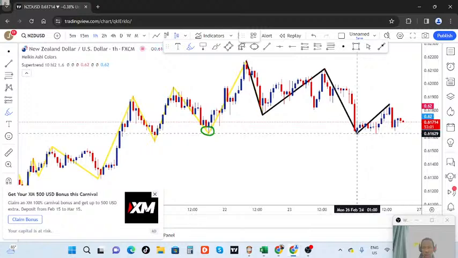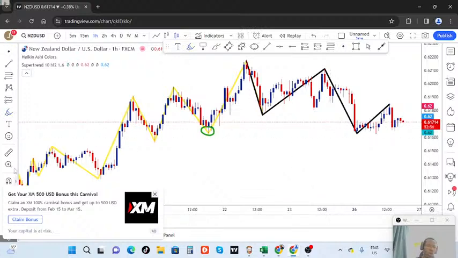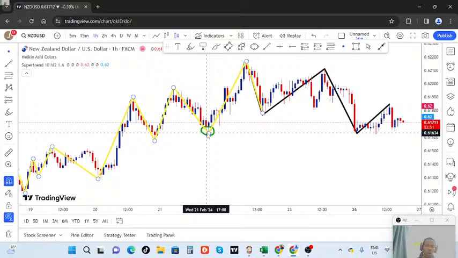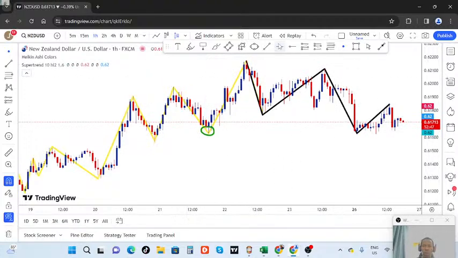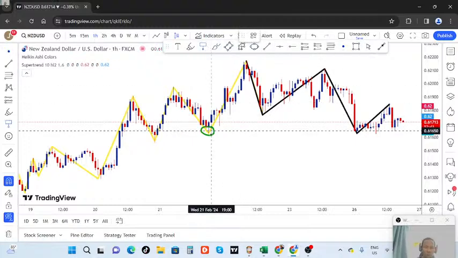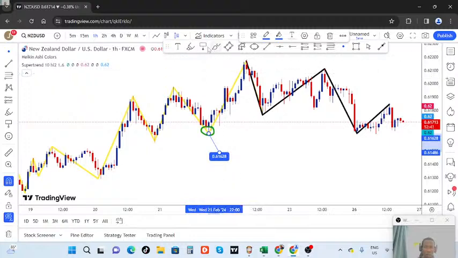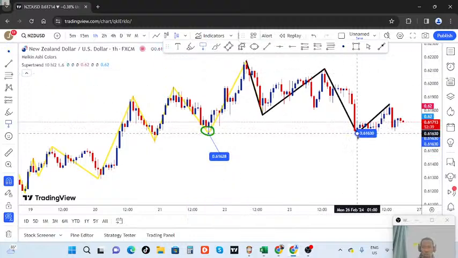It looks like the same thing, so to be very sure, let's find out if this low has been broken by this low. We're going to use the price notes to find out the numbers, so we know which one is lowest.